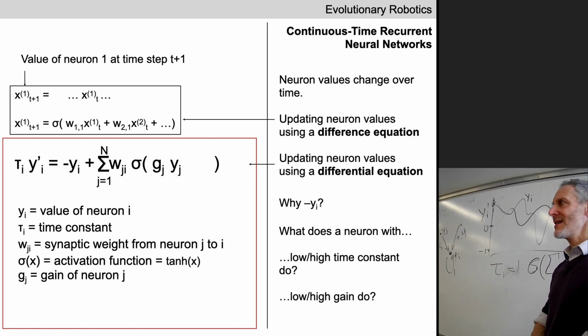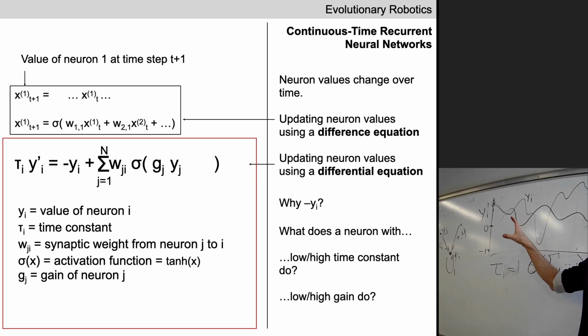We talked about gains, I think, last time. What is this doing? We've mentioned so far that in a moment we're going to see an evolutionary algorithm evolving all the weights of the CTRNN. It's also going to evolve all the time constants, one for each neuron.